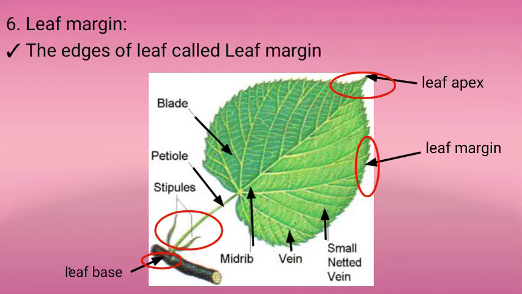The green, flattened structure of leaf is called blade or lamina, which contains midrib in the middle. So, it forms veins and veinlets. The tip of the leaf is called leaf apex. The edges of leaf are called leaf margins.